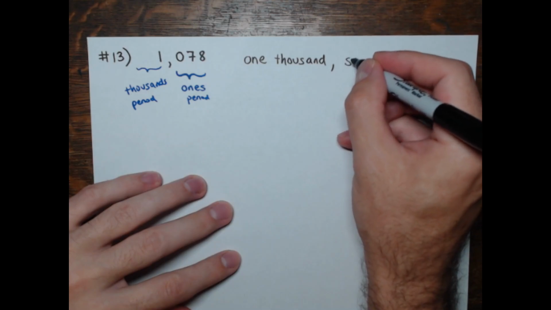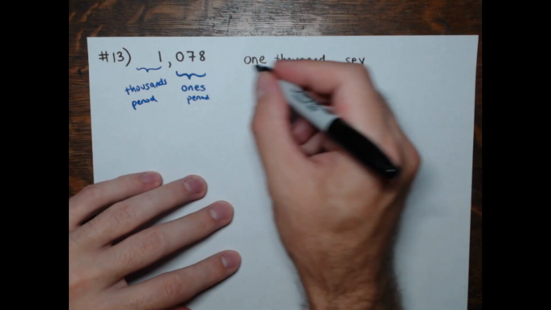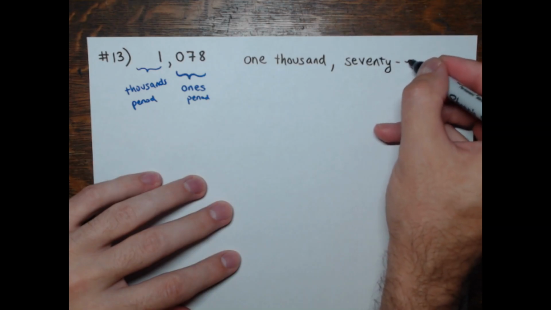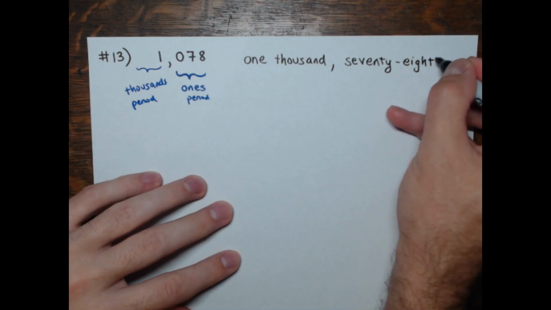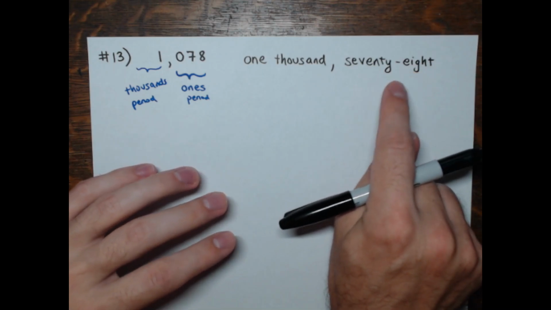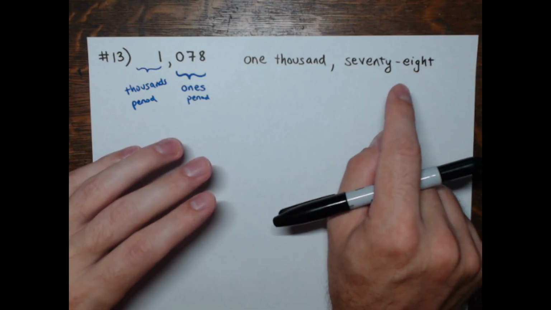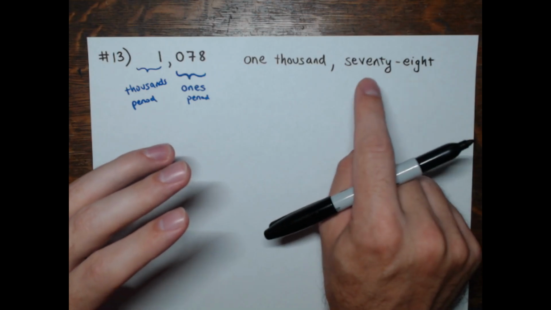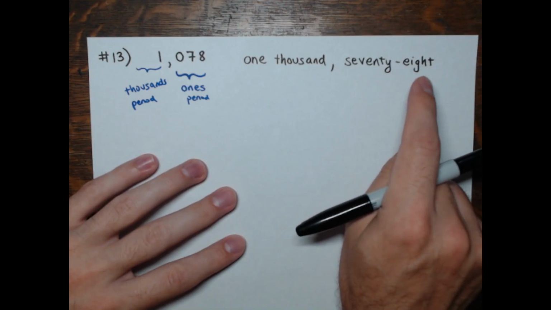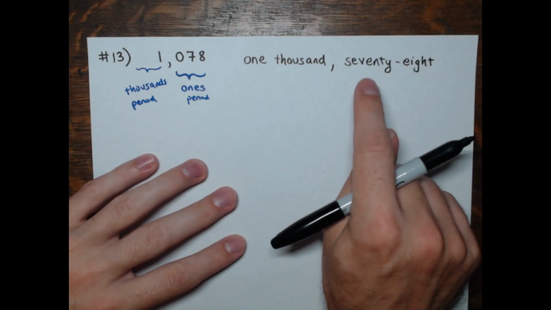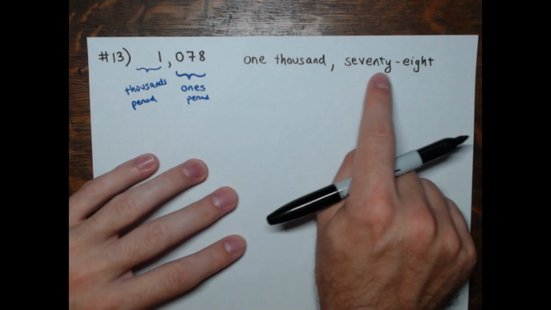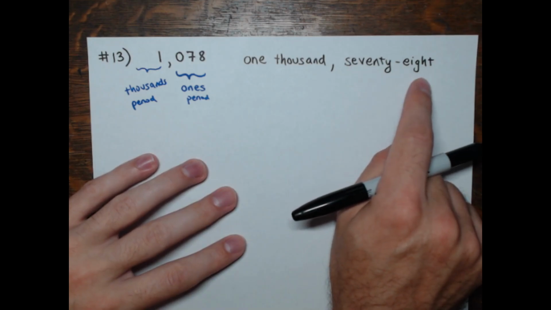1,078. Now a two-digit number like 78 will get hyphenated. Two-digit numbers that are 21 or greater that have two non-zero digits, like 78, 21, 32, 58, 59, 75, 84, will all be hyphenated like this.